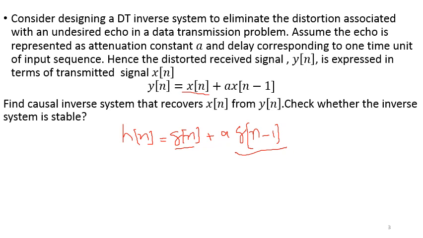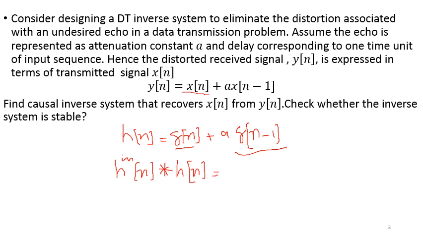Let us say that the causal inverse system has impulse response h inverse of n, right? By exploiting the property that if two systems are inverse of each other, then the convolution of their impulse responses will result into impulse.